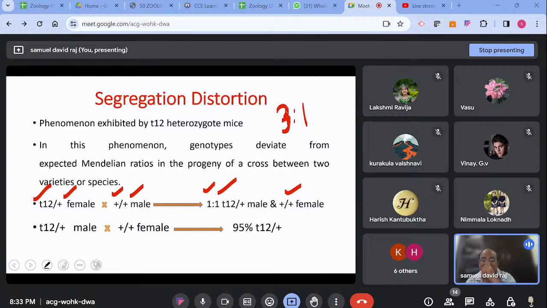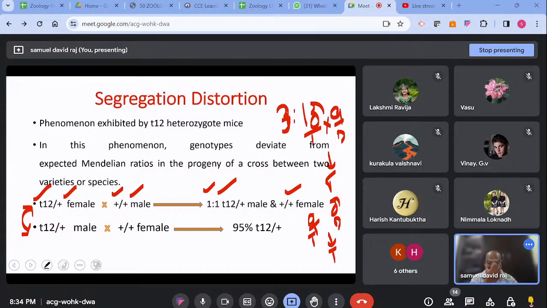The same is true for the opposite, the reciprocal cross. Even a tall male and dwarf female give rise to tall only, and a tall female and dwarf male give rise to tall only. That is the general phenomenon: in a reciprocal cross, the results are found to be the same.